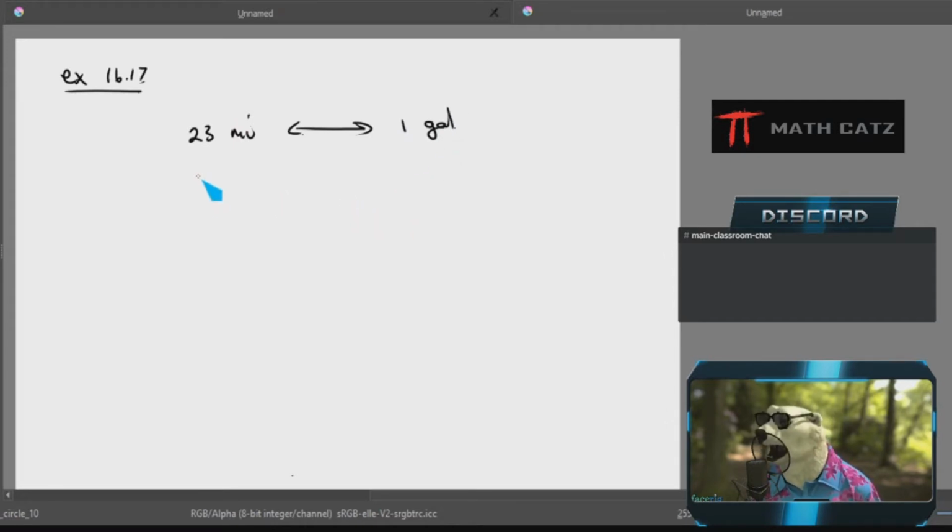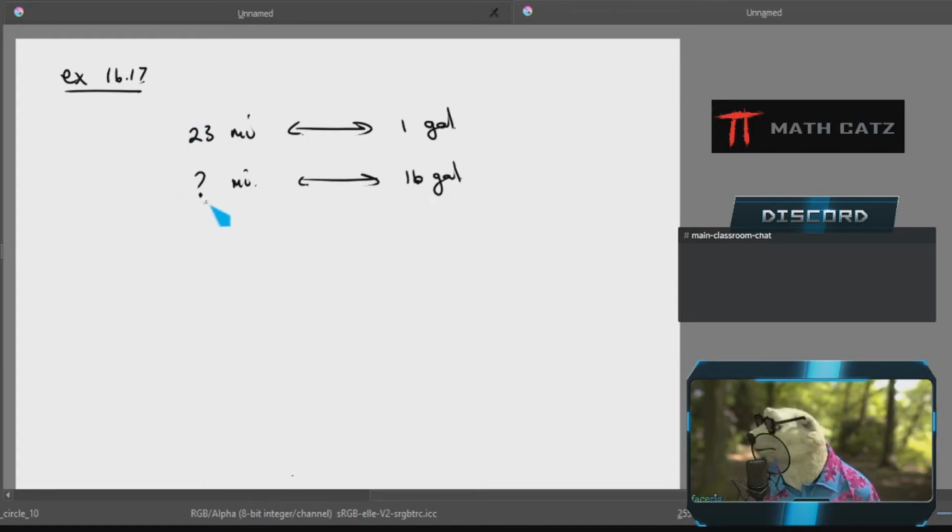I want to know how far can I go, in miles of course, on 16 gallons of gas, or said another way, how many miles of traveling will correspond to 16 gallons of gas if everything else is equal.